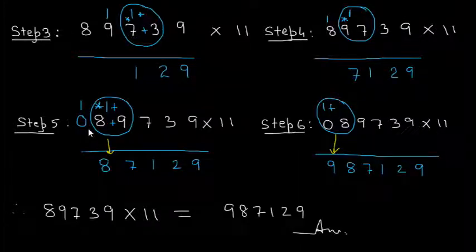Here we'll add 8 plus 1, where 1 is the carry, plus its right neighbor 9. So 8 plus 1 plus 9, that is 18. We'll put 1 in carry and put 8 here. And the extreme left side number is 8 and 1 carry, that is 9. We'll put 9 here. So we found the answer of a big calculation of 11.